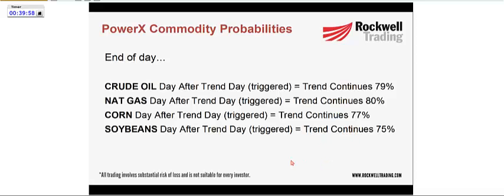So you see here that based on those rules and those conditions, and looking for the trigger specifically, we're looking at about a 75% to 80% probability that an outcome will take place. And that's something that, from a percentage standpoint, is a workable percentage that we could make some assumptions on, and that we could base a trade on.